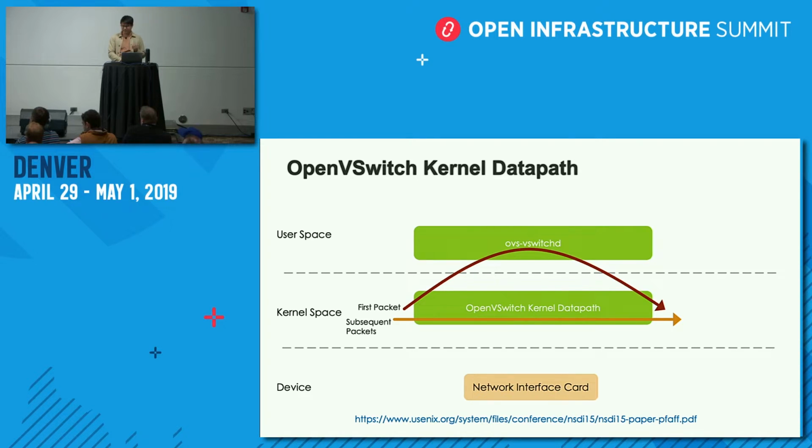The Open vSwitch kernel datapath has been optimized several times, yet it is still being questioned for its low performance. There are several reasons for that, one of which is the context switching between user space and kernel space, when workloads in user space need to transmit data to virtual network interfaces in kernel space.